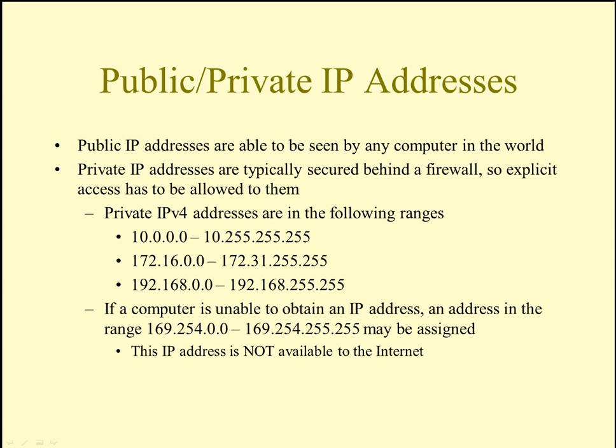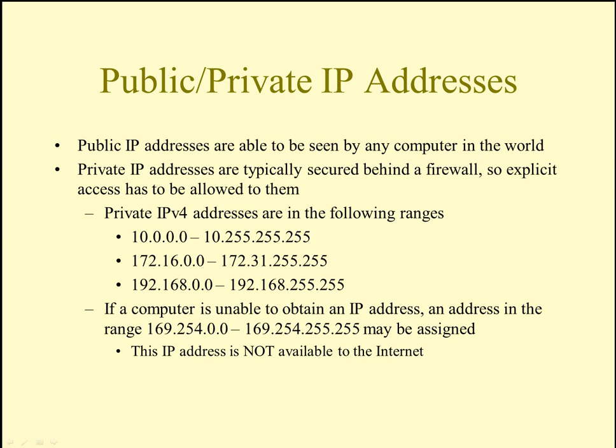And then the one with which most of you are probably most familiar is the Class C private IP address, which is going to be in the range from 192.168.0.0 to 192.168.255.255. This is typically how most routers come configured, with a Class C private address range for any of the computers that are connected to it.